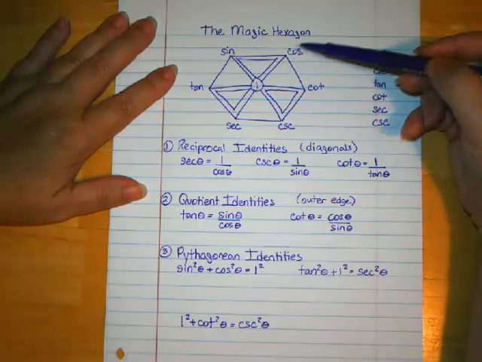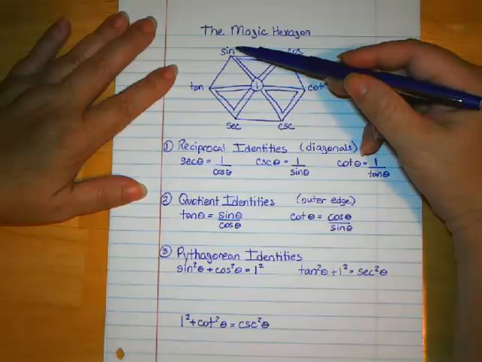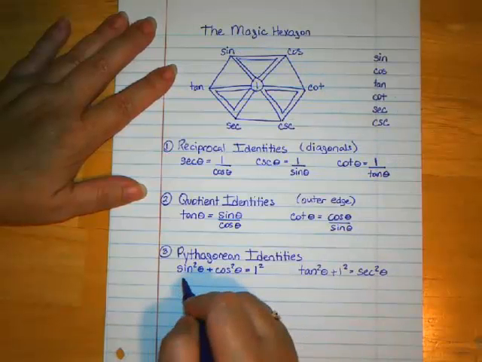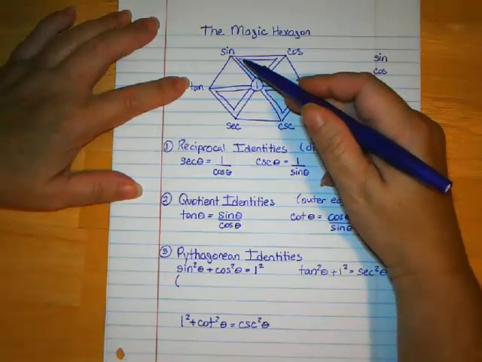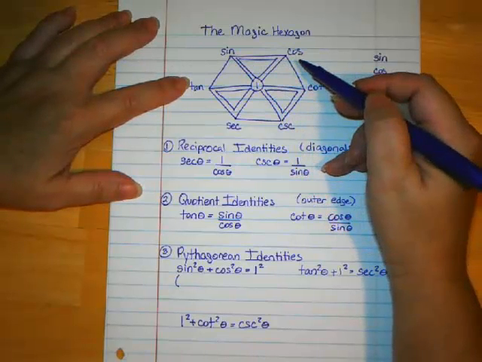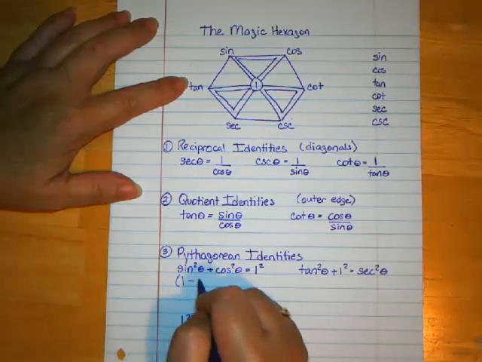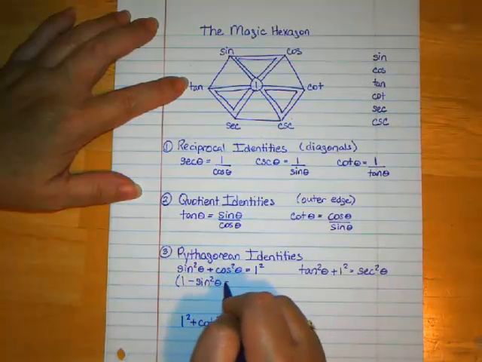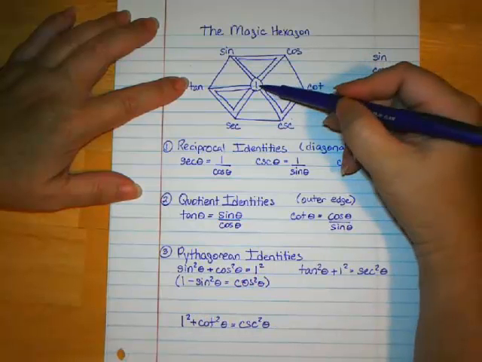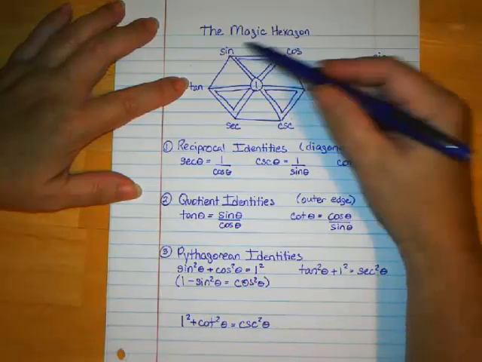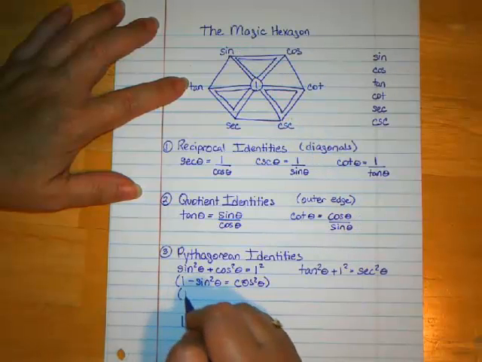So we have, starting at the bottom, 1 minus sine squared equals cosine squared. Or 1 minus cosine squared equals sine squared.